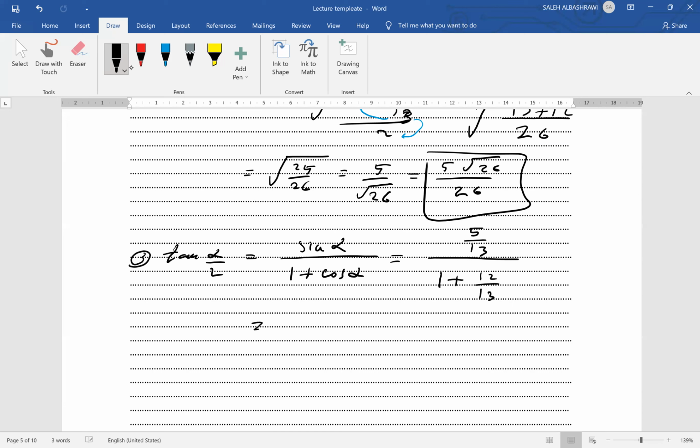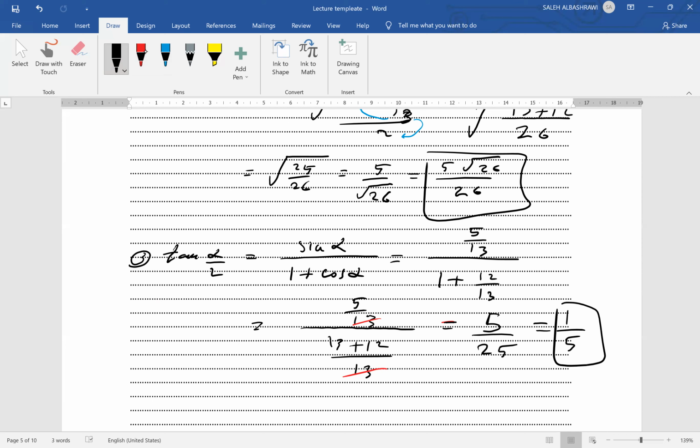So this will give me 5 over 13 over 13 plus 12 over 13. I can cancel this 13 with this 13. So it will be 5 over 25, or it is 1 over 5. So tangent of alpha over 2 is equal to 1 over 5.